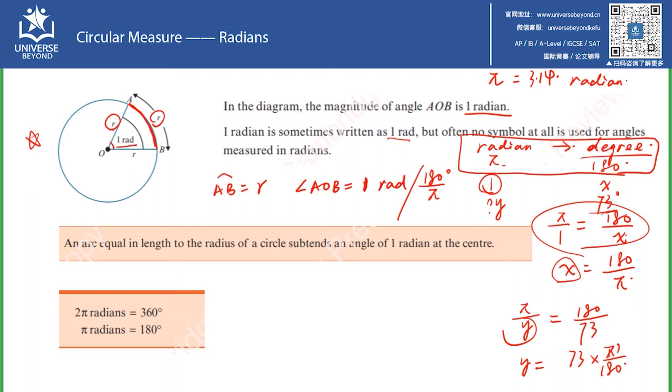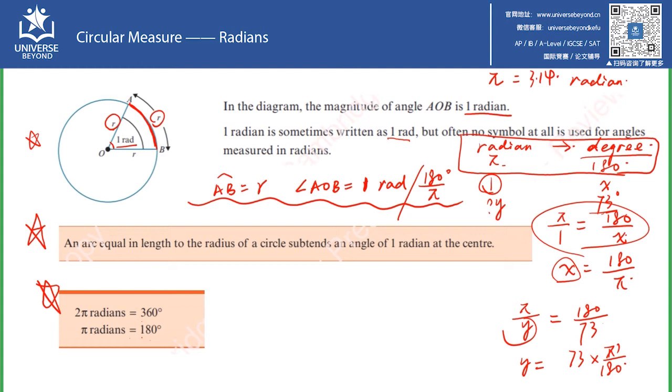Remember it. 1 radian corresponds to a radius. So 2 pi radians is 360, pi radians is 180. Make sense?